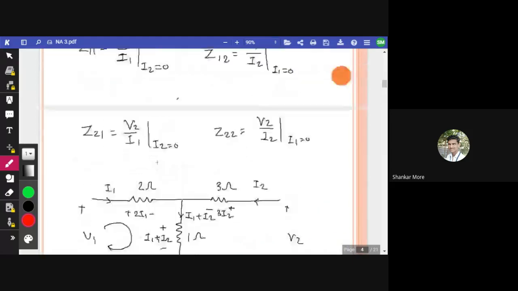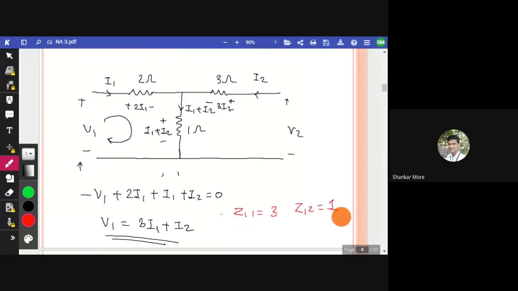Now we have found Z11 and Z12. Now we need to find Z21 and Z22. How do we find them? We'll apply KVL in this loop. Again, I'm writing it here only. I'm starting from here: minus V2 plus 3I2 plus I1 plus I2 is equal to 0.